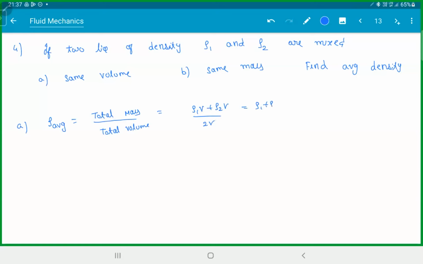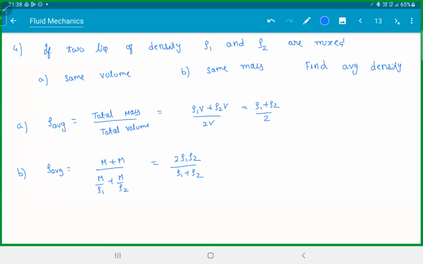So ρ1 plus ρ2 by 2. Second case, total mass is m plus m. Volume will be m by ρ1 plus m by ρ2. This will be 2 times ρ1, ρ2 by ρ1 plus ρ2. Got this? Mass by density will give the volume. Clear?